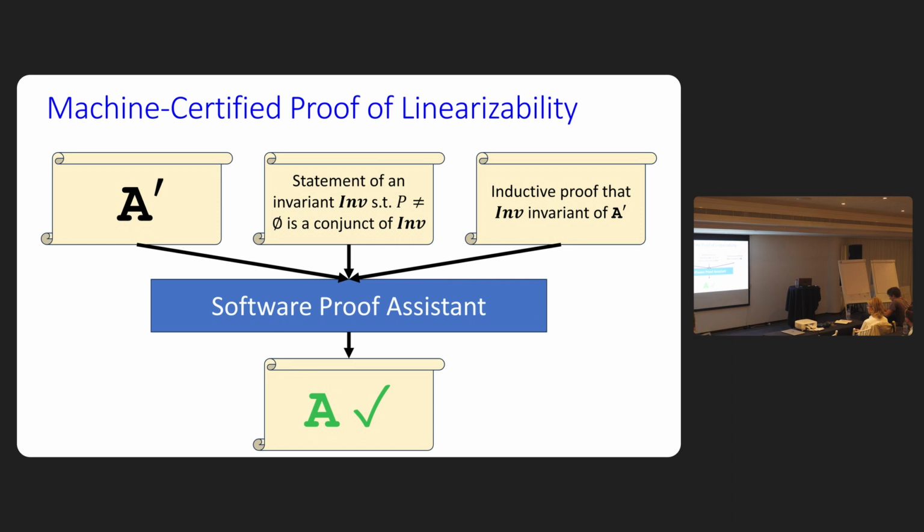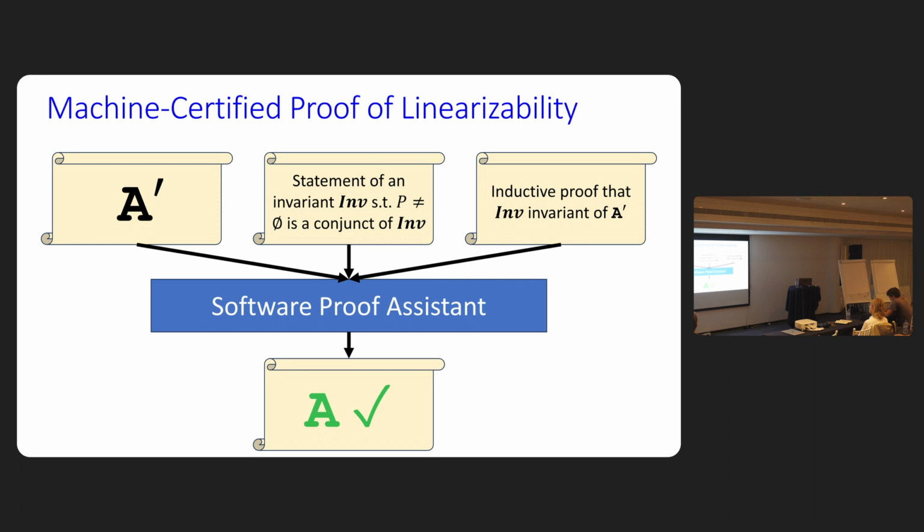Typically, to prove that something is an invariant, you will have to strengthen the invariant so that there is an inductive proof for it. So you have to come up with typically a stronger statement, but your stronger statement should be such that P not equal to empty is one of the conjuncts of your invariant, so that if you prove the inductive invariant, then that automatically means that P not equal to the empty set is proved.